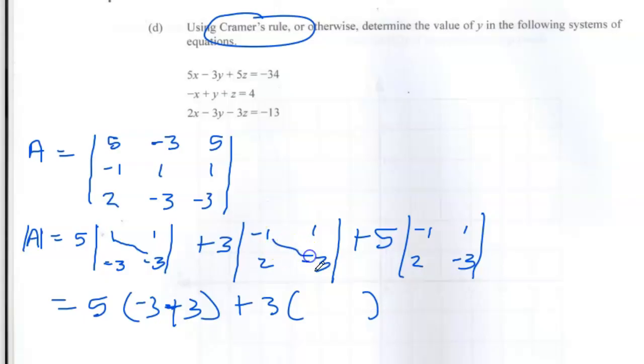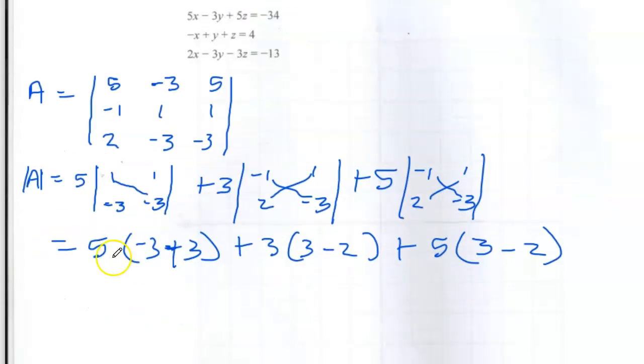That times that, that's positive 3. Take away 2 times 1. Plus 5, cross multiply and subtract. We end up with that times that, that's positive 3. Take away 2 again.